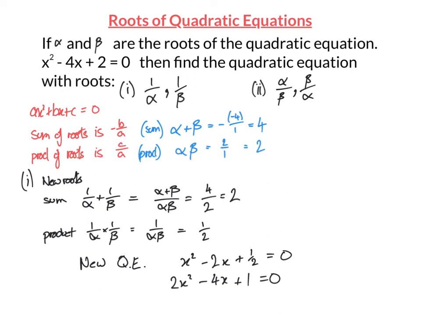So let's look at the second one then. So we've already said our original roots, alpha plus beta, was equal to 4, and we said that alpha beta equals 2. And now we want roots alpha over beta and beta over alpha.